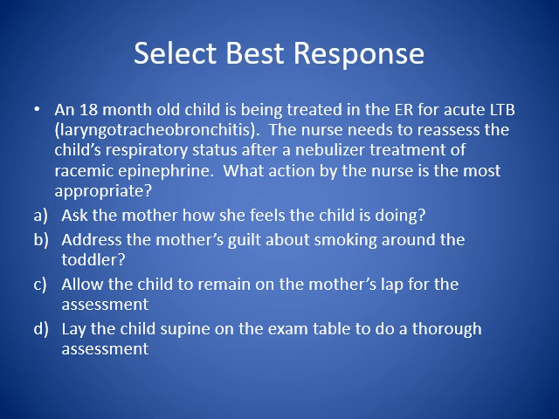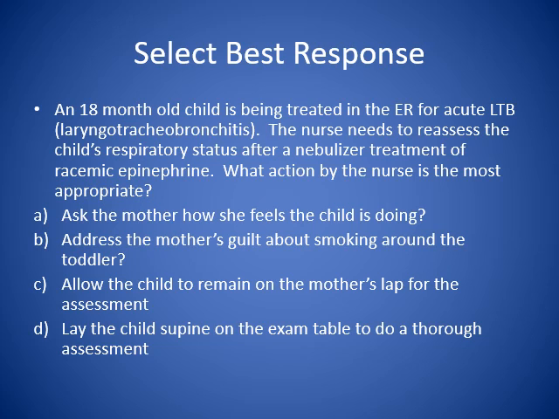So select the best response. An 18-month-old child is being treated in the emergency room for acute laryngotracheobronchitis, also known as croup. The nurse needs to reassess the child's respiratory status after a nebulizer treatment of racemic epinephrine. What action by the nurse is most appropriate? A. Ask the mother how she feels the child's doing. B. Address the mother's guilt about smoking around the toddler.